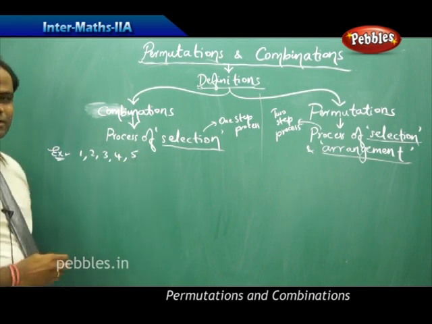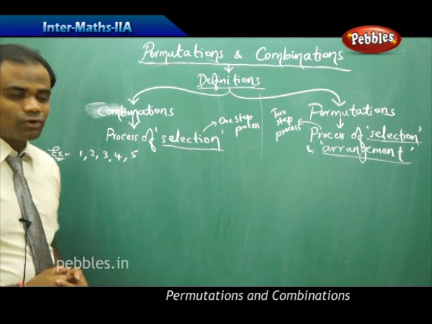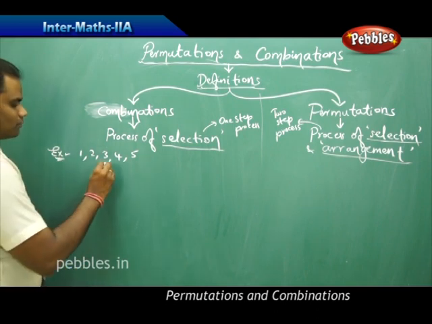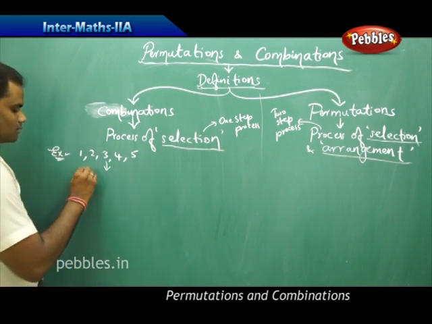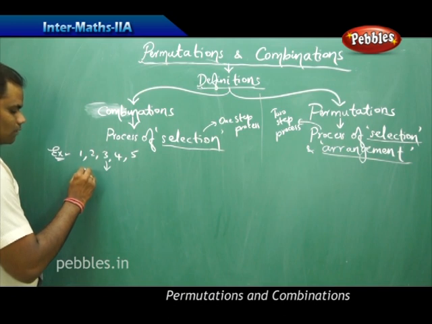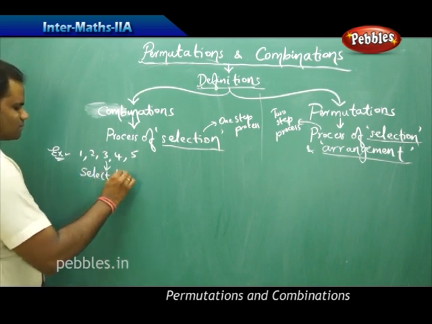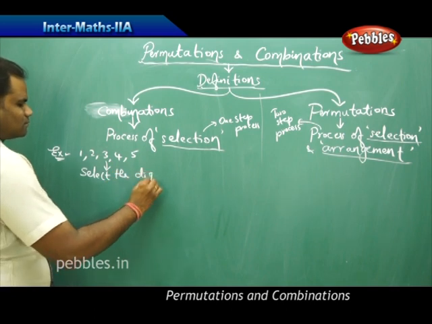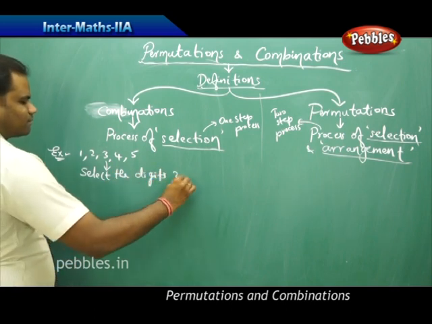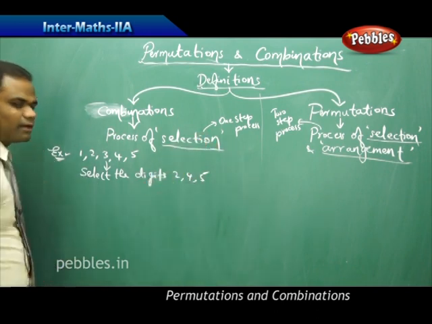So there are 5 digits, 1 to 5, and I want to form a 3-digit number out of these digits. I want to select the digits 2, 4 and 5.